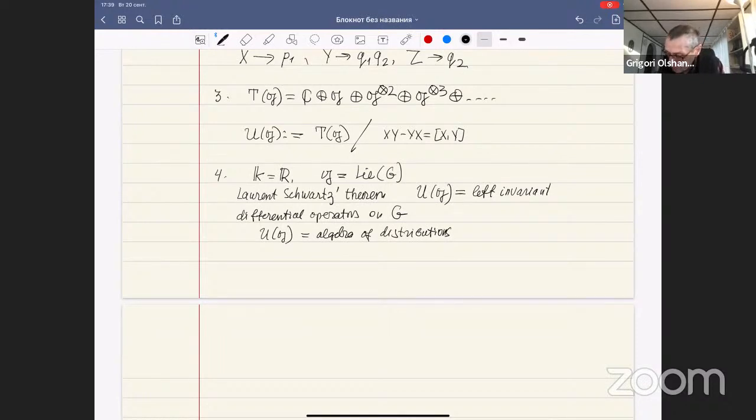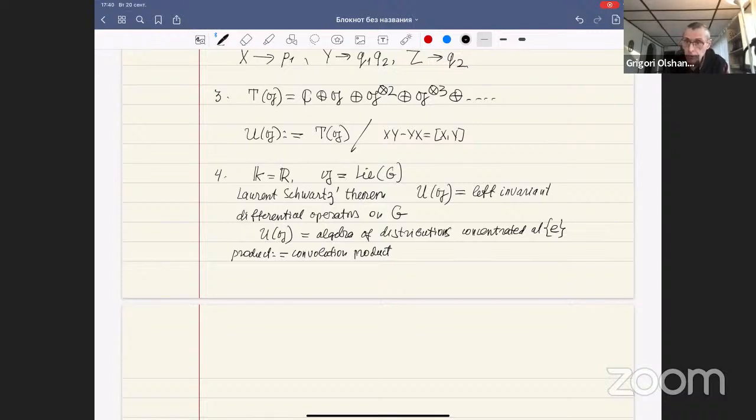These distributions are concentrated at the unit element of our Lie group, and the product is the convolution product of distributions on the Lie group, which is well defined because the support is a single point, and the convolution product is well defined for compactly supported distributions.